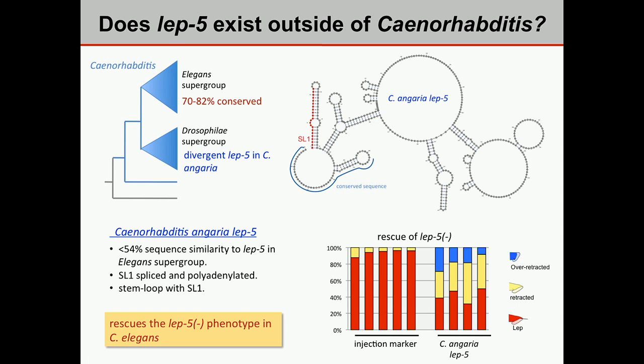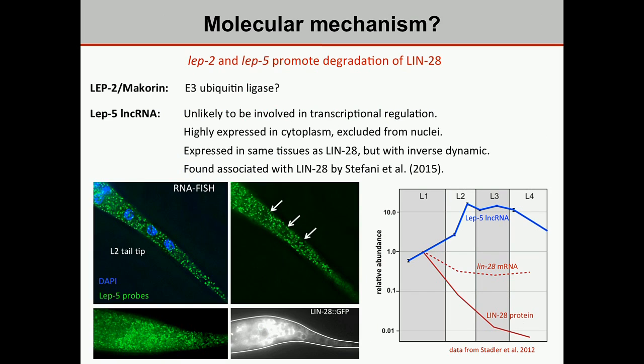this in other genomes. So, in the very last slides I have, in 2 minutes, not even, I'd like to try to devise a model for the molecular function of these genes. For LEP2, we think our best hypothesis is that this acts as an E3 ubiquitin ligase, like human MARCH3, on LIN-28.